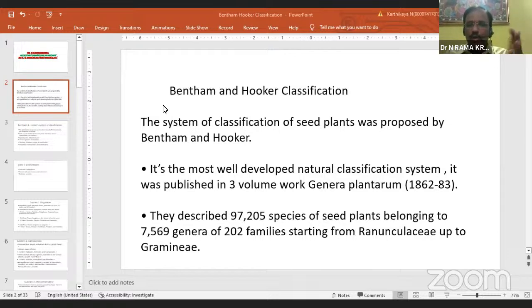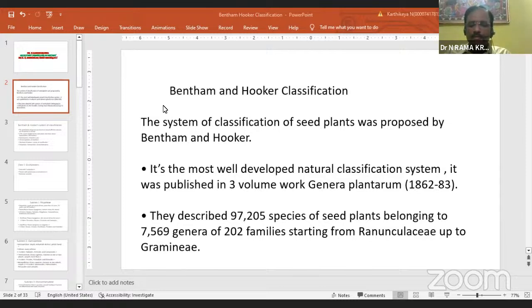So already you know identification very well. The second point is nomenclature. That is also something you know very well. When you identify the plants, you give the name, that is nomenclature. So you follow the ICPN rules and regulations. Next one, classification, is most important.